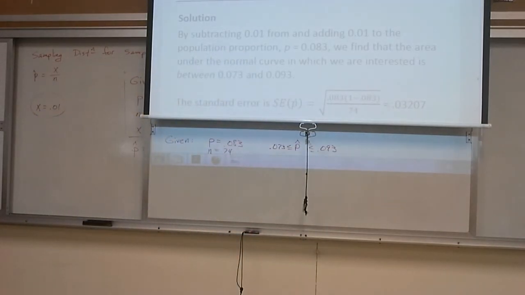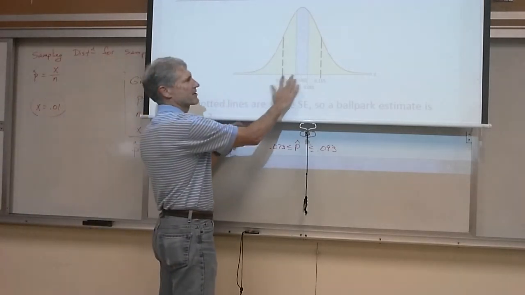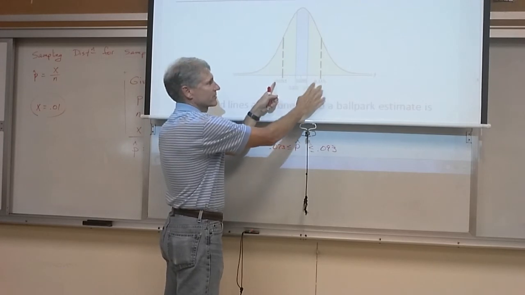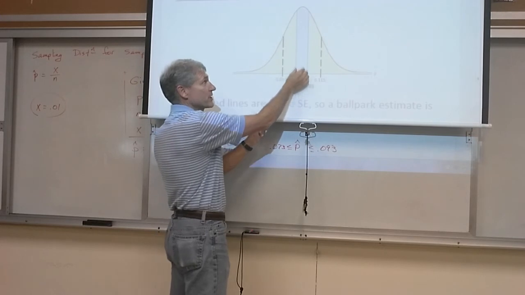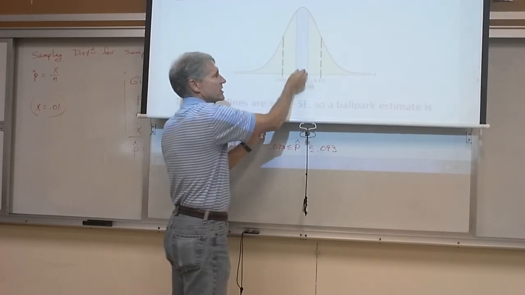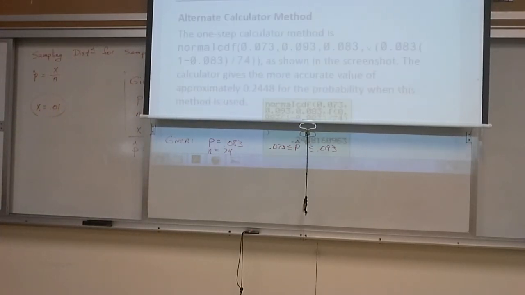So then you draw the picture. You anchor the picture with your standard error line, and the 0.073 and 0.093 you can see are really pretty darn close to the middle. So the region in between is shaded. The ballpark estimate of that is probably around 20%, 0.2. And there's the answer.